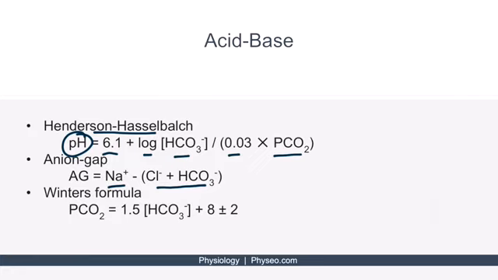Finally, the Winter's formula is the partial pressure of carbon dioxide equals 1.5 times bicarbonate plus 8 plus or minus 2. This is useful when trying to diagnose a mixed metabolic acidosis and concomitant respiratory abnormality. Again, I'll discuss these formulas and their clinical relevance in much more detail when we get to the section on acid-base.